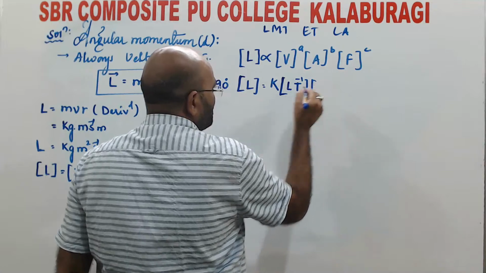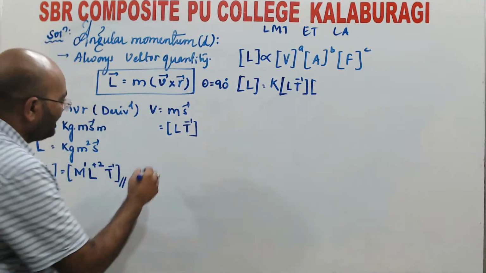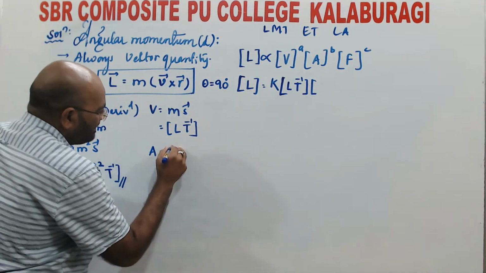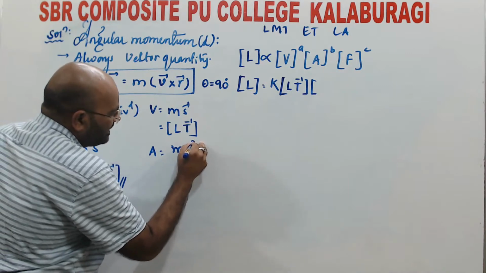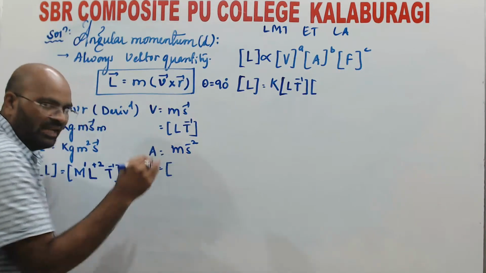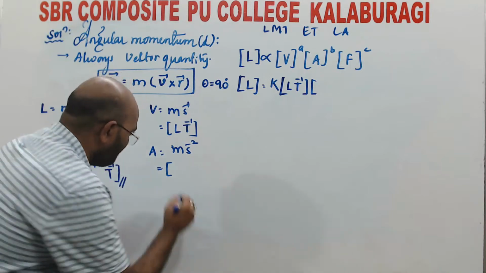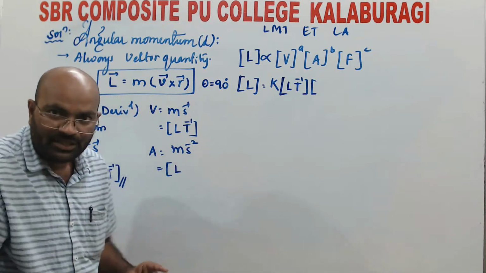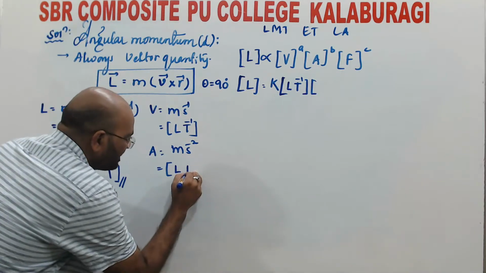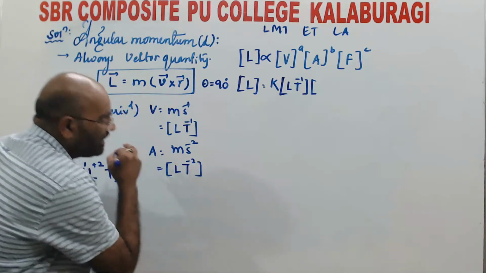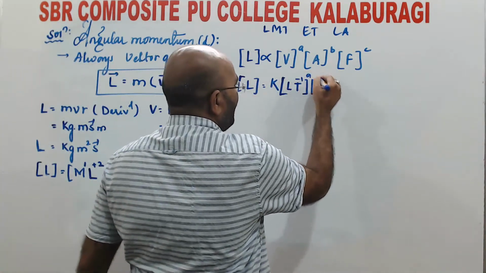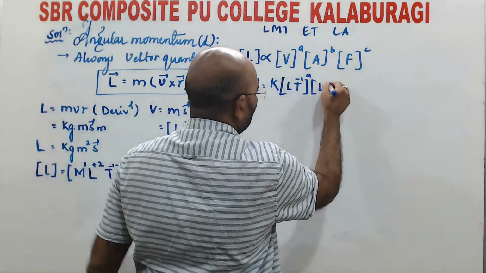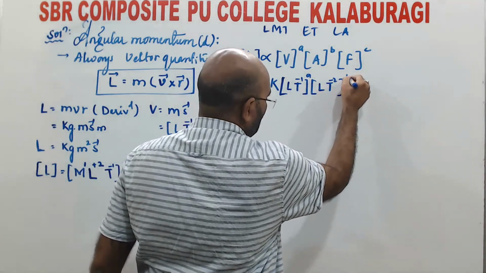Then acceleration, A stands for acceleration. A is equal to meter per second square. Meter is the unit to measure length, second is the unit to measure time. This is T to the power minus 2 we got. Then this is the power a. For this, the power will be L to the power b, T to the power minus 2b.